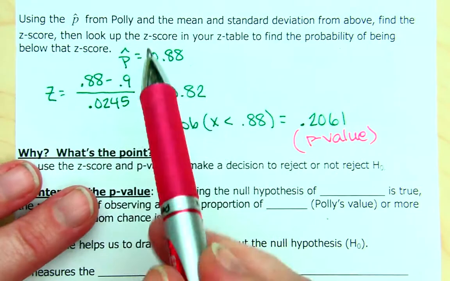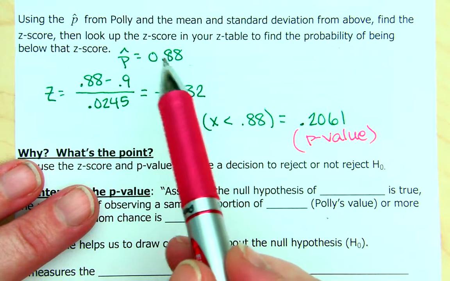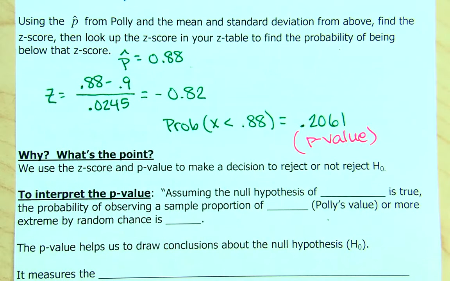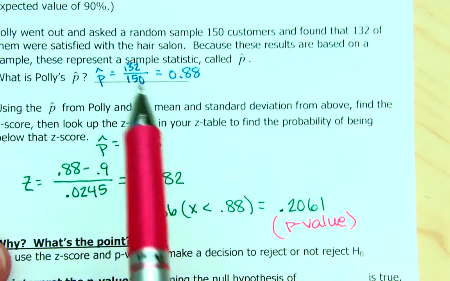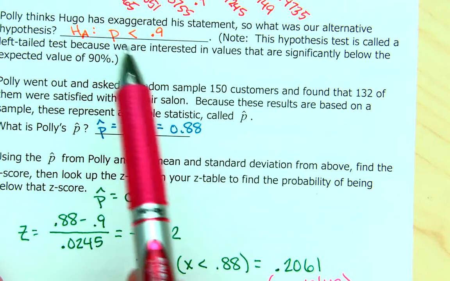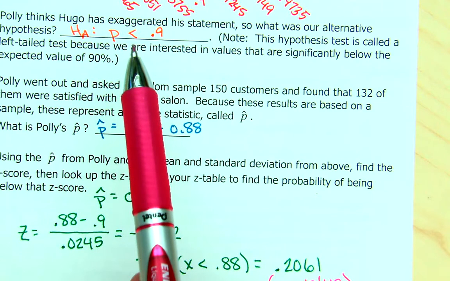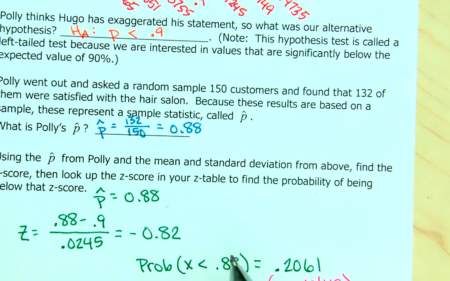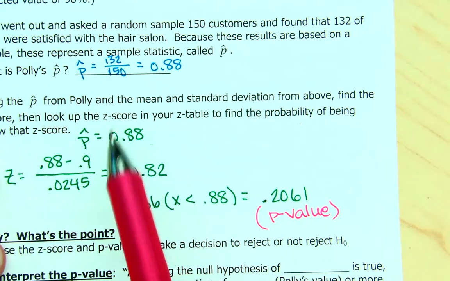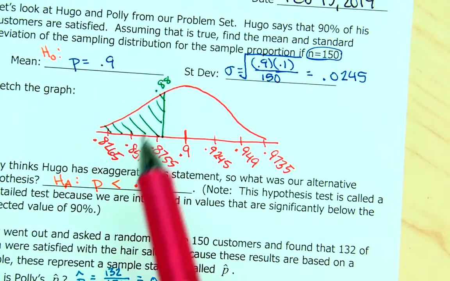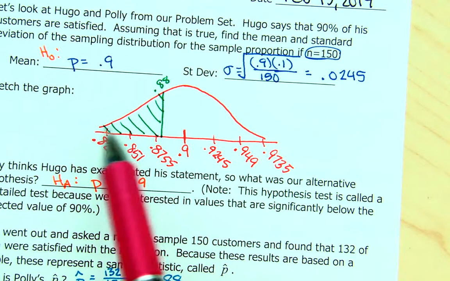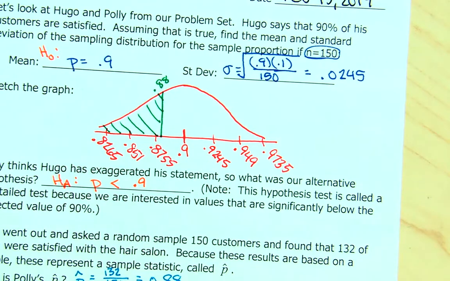It's the probability of getting this from a sample or something farther away from the mean. So it's whatever direction our alternate hypothesis is. It's that direction from this value. So since we had a less than, it's what's the probability shaded less than this.